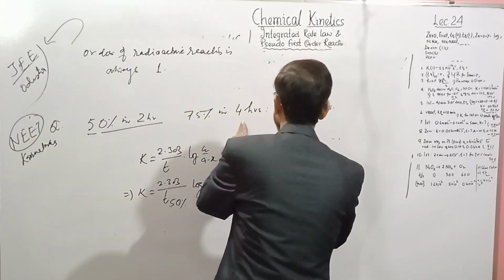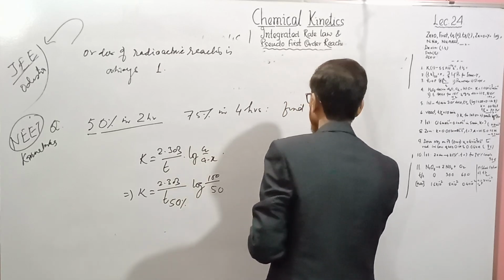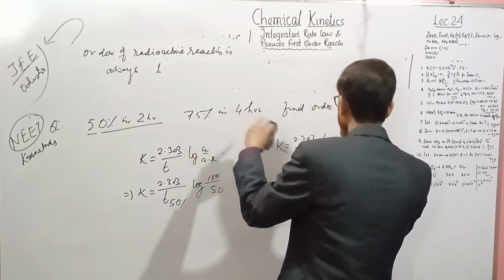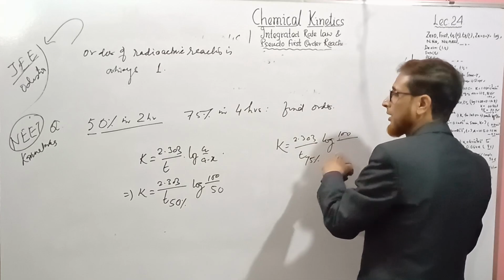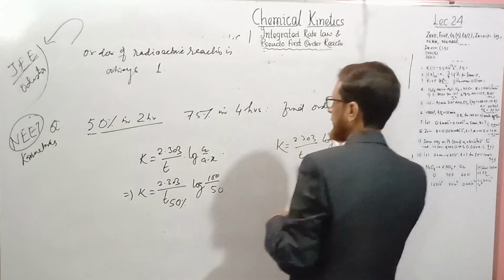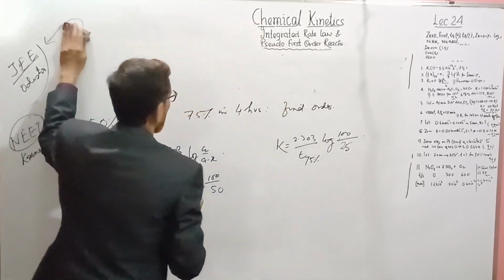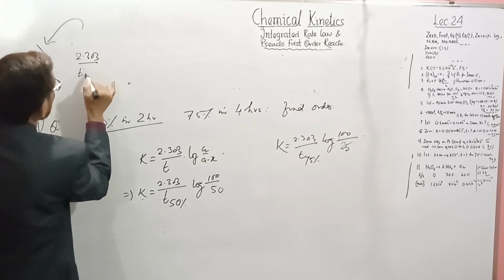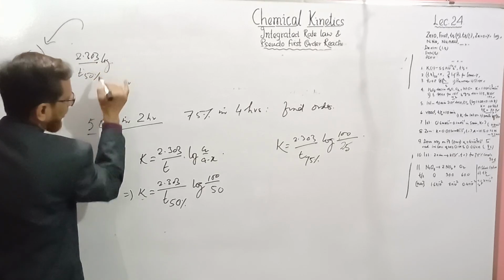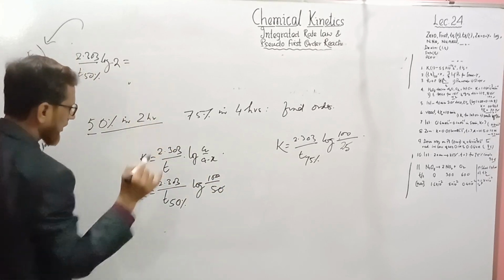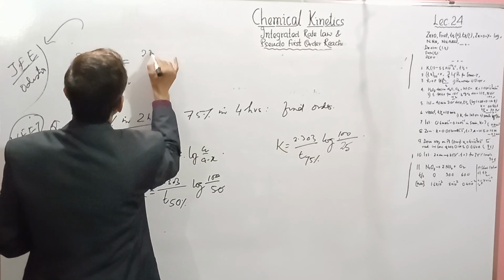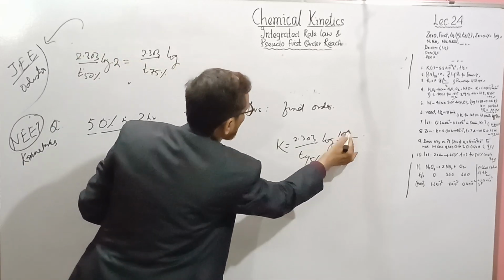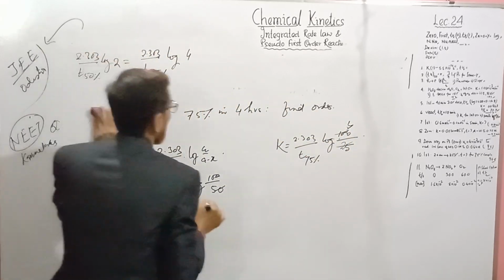Again for 75%, k equal to 2.303 divided by t of 75%, log... If a is equal to 100, then a minus x is equal to 100 minus 75, means 25. Now comparing this k, we get 2.303 divided by t50 log 2 is equal to 2.303 divided by t of 75 log 4. Am I right?